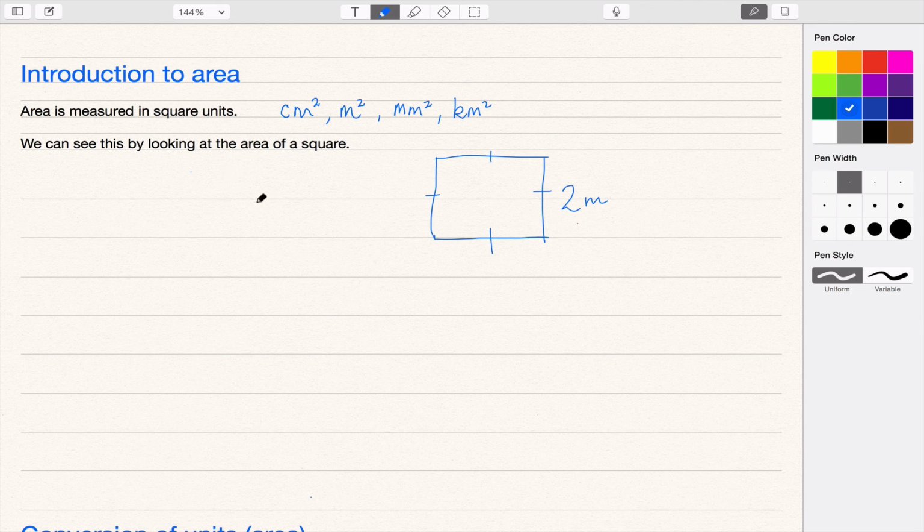You can see that it is measured in square units by looking at the area of a square. If we look at this square that I've drawn here, it's 2 meters on each side, and the little ticks, remember, mean that each side is exactly the same length.